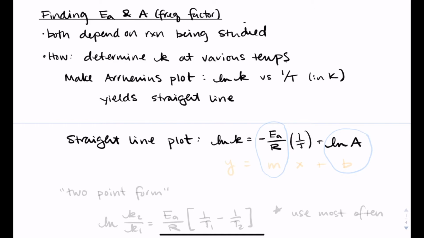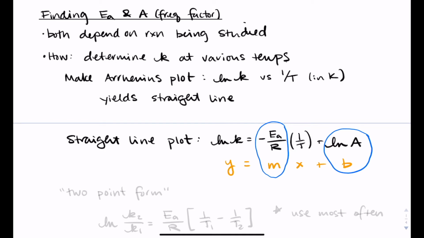There's also the 2-point form, which if you know the rate constant at one temperature, you could find the rate constant at a different temperature, or you could find the activation energy if you know the rate constants at 2 different temperatures. Now, obviously, this leaves out the frequency factor.